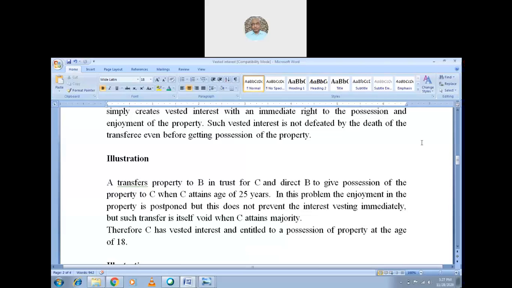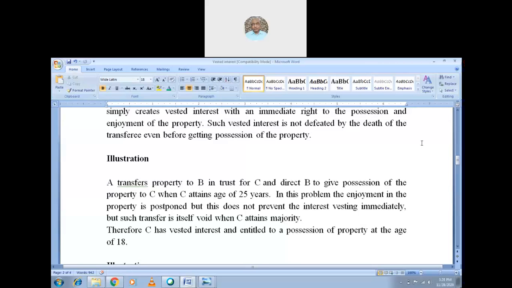So in this problem, the enjoyment of the property is postponed because he is a child and could not know the nature of the property and how it should be handled. But this does not prevent the interest vesting immediately, and such a transfer itself is void when C attains the majority.